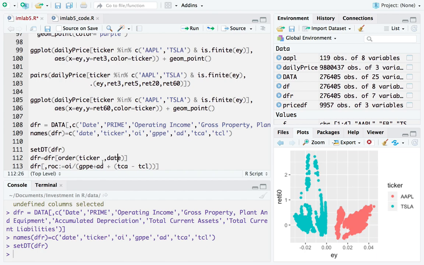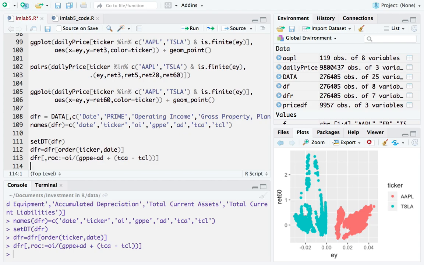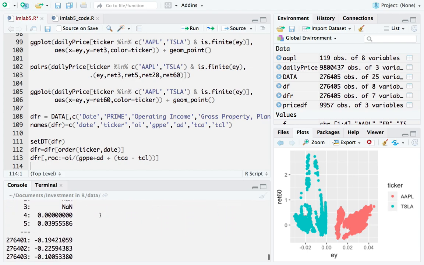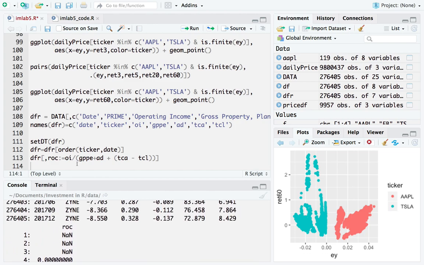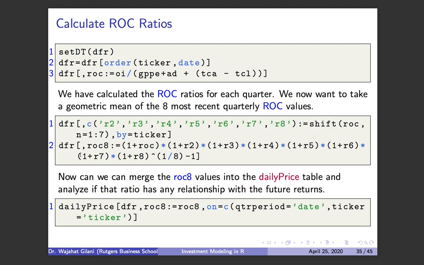I'm making sure the order is by tickers and date, just like we did before. Once I have everything ready to go, this is basically my formula for ROC. I'm done. If you look at DFR now, we have an OI, we have an ROC. Done. Excellent.